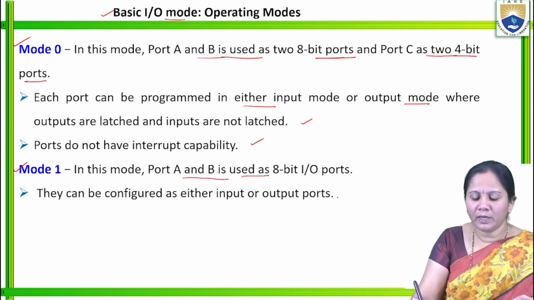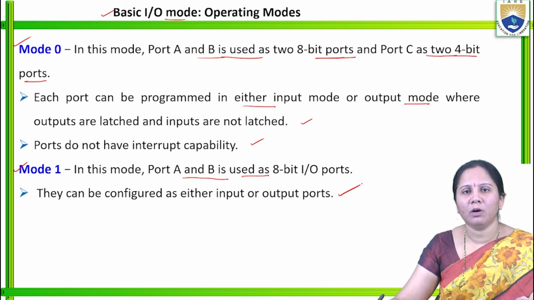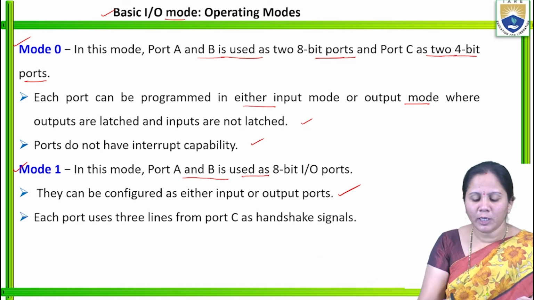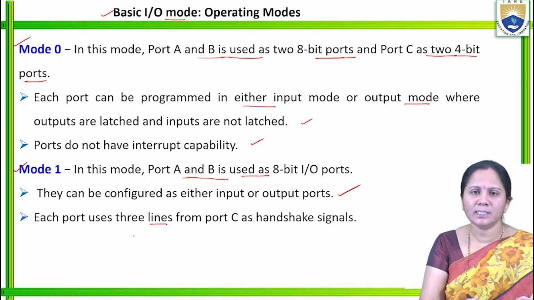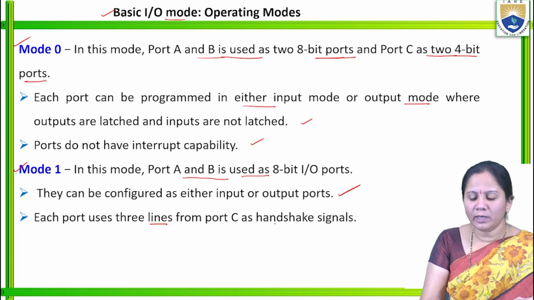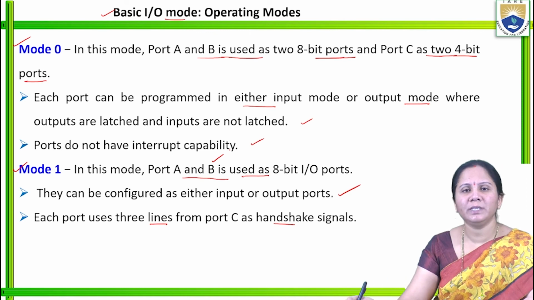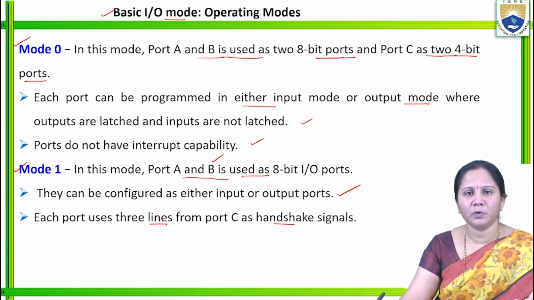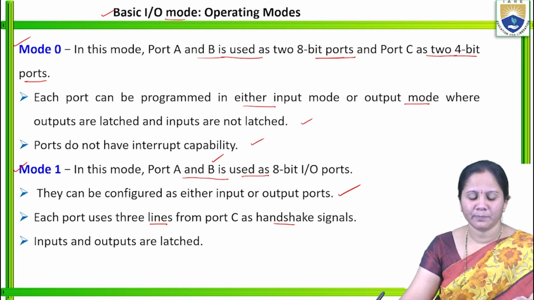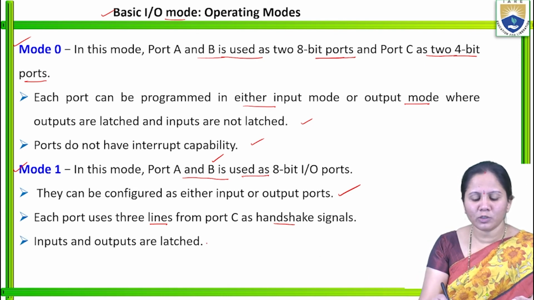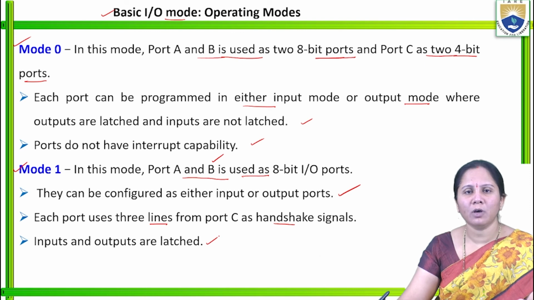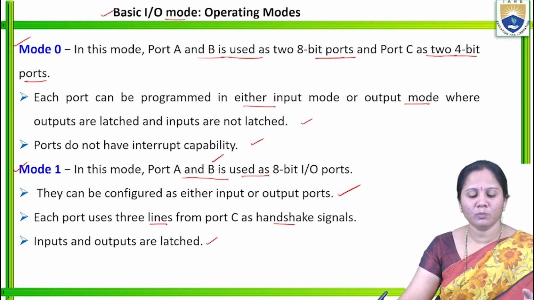They can be configured either as input port or output port. Each port uses 3 lines. Since only port A and port B signals are used as 8-bit IO ports, port C signals will be used as handshaking signals. In this case, both inputs and outputs are latched. So this is what about mode 0 and mode 1 operating modes of basic IO mode.